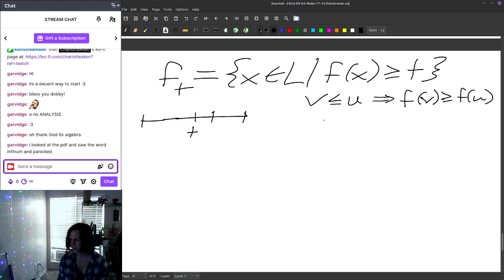All right. So let's go back to explaining why I don't actually need to know about what all the real numbers are. Okay. So we know that we have this condition. Now suppose that, here we have, let's see. So we know that if v is less than or equal to u, then f of v will be greater than or equal to f of u, right?